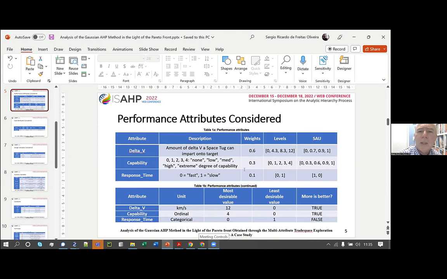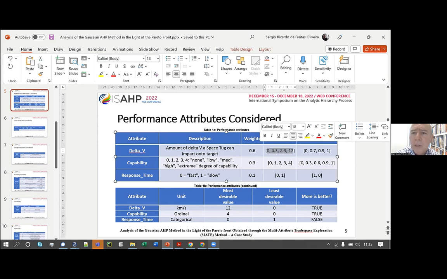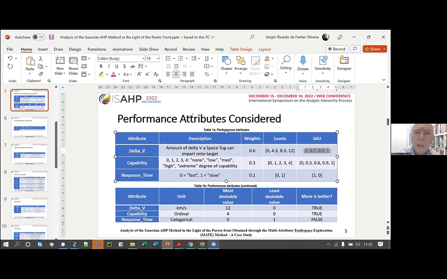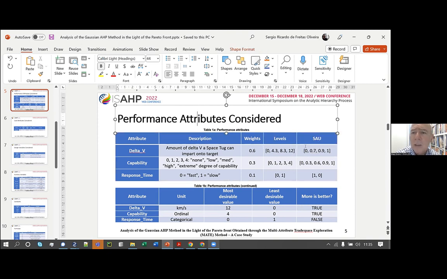It was assigned assuming that you have a linear utility function. What happens if you have a multiplicative utility function? Actually, if you trace a graph of these levels and this single attribute utility, you are going to see that it's not necessarily linear. Actually, it's an exponential curve.